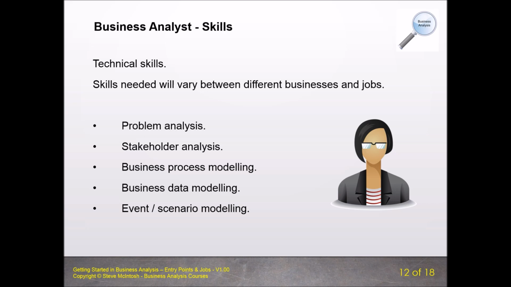Stakeholder analysis, understanding the stakeholders, the people who will be sources of requirements and priorities and what they need. And then the slightly more technical modelling skills, often diagram based, that help you understand business processes and the underlying data of a business and how it's structured.